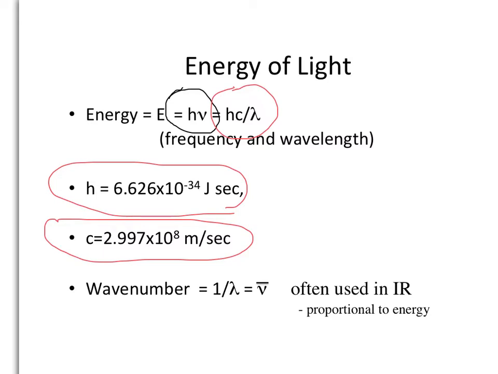In infrared spectroscopy, we often want to display the spectrum proportional to energy, and so the units used in IR are wave number, nu with a hat, and that is directly proportional to energy. I'll highlight that term. So if we know the frequency of light, or we know the wavelength of light, we can interconvert between frequency and wavelength, and we can also compute the energy.